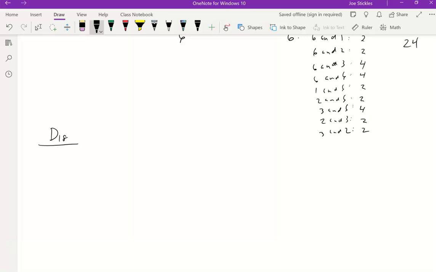So if we have a triangle, for example, we got 1, 2, 3 reflections, right? We did the square. How many reflections did we have? Four, right?